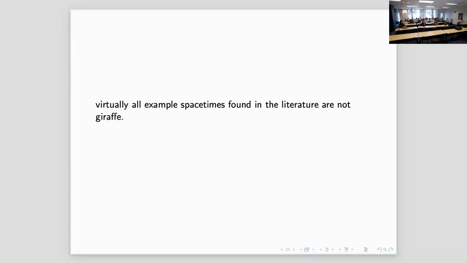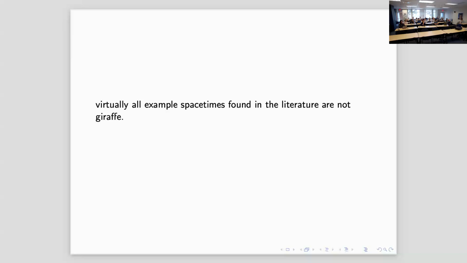They have loads of symmetries, and the symmetries allow for a kind of easy presentation. So this is going to go for Minkowski spacetime. It's going to go for Schwarzschild. It's going to go for any Robertson-Walker model you're looking at. Gödel spacetime, weird spacetimes like Taub-NUT, whatever. They all fail to be giraffe.